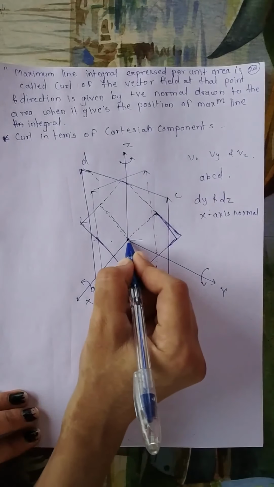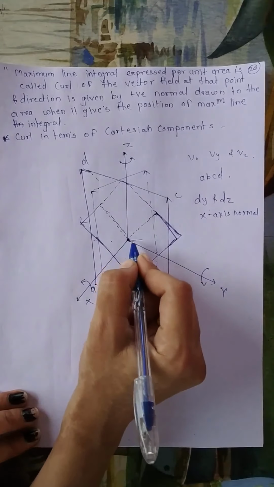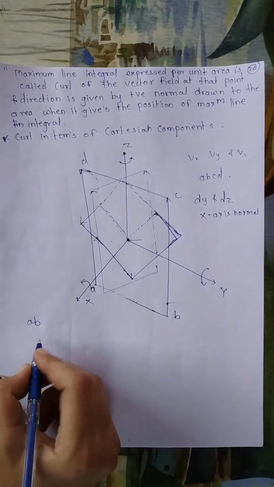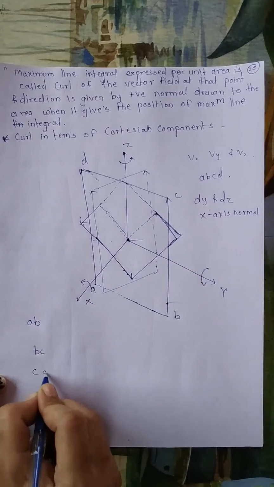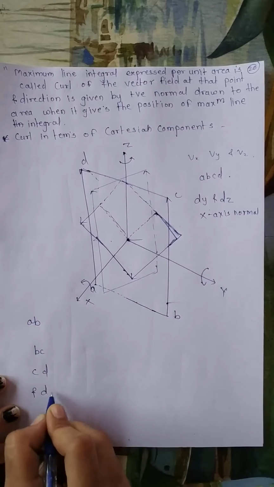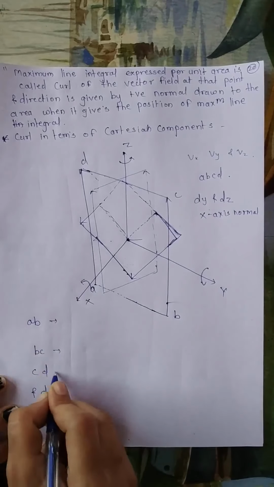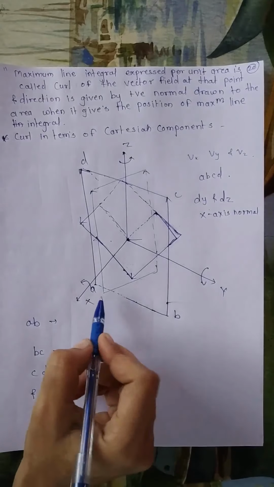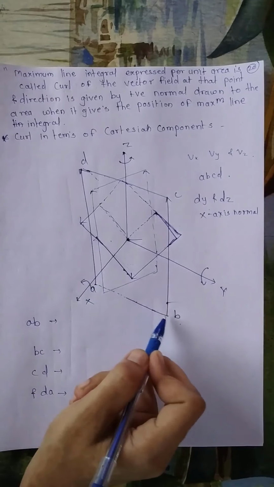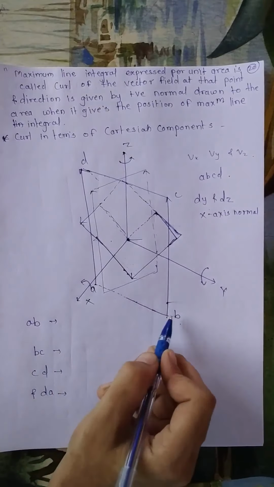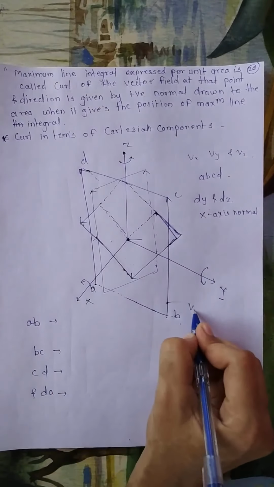So we need the mean value of side AB, BC, CD and lastly DA. If we find the mean values, let's say this is our first side AB. For AB, it is along the y direction, that is Vy.